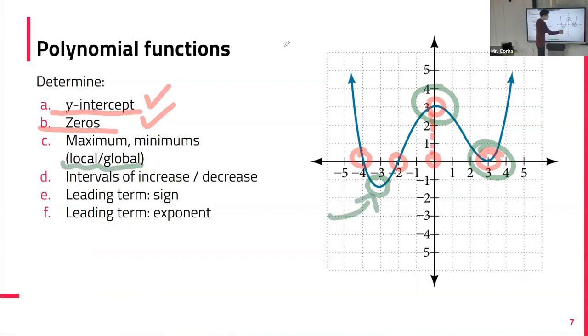This first one, global. And we know that because if we imagine a horizontal line going across, it is the overall lowest point on that function. So that is a global minimum, I'll just write G there.